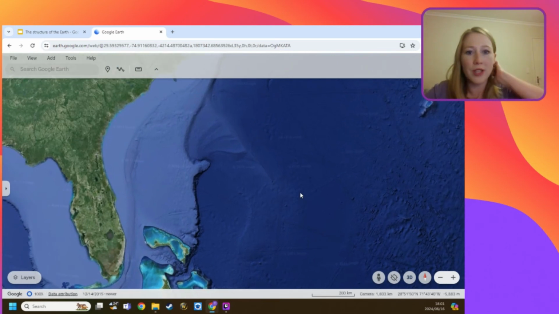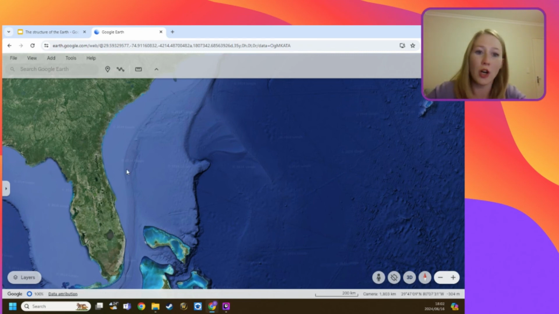Something that I did want to point out is that just because ground or land is underwater doesn't necessarily mean oceanic crust. So I want you to notice that it's under the ocean. That is still part of the continental crust. It has just been flooded by the ocean. Continental crust isn't defined by whether it's above or below the sea.